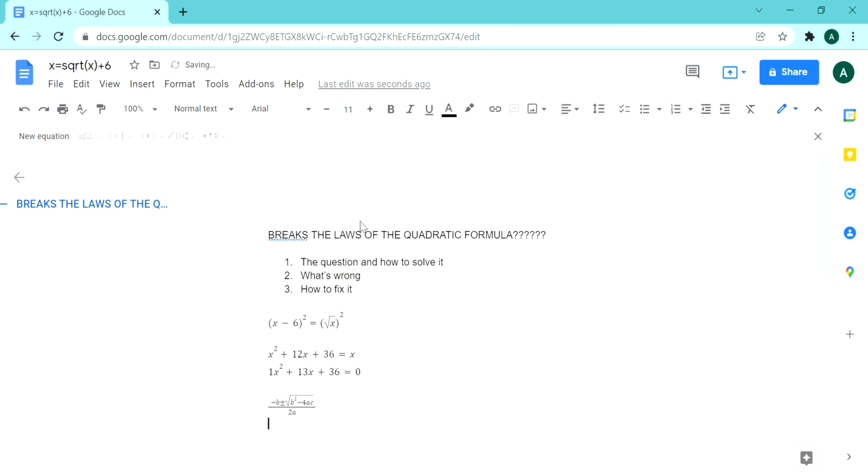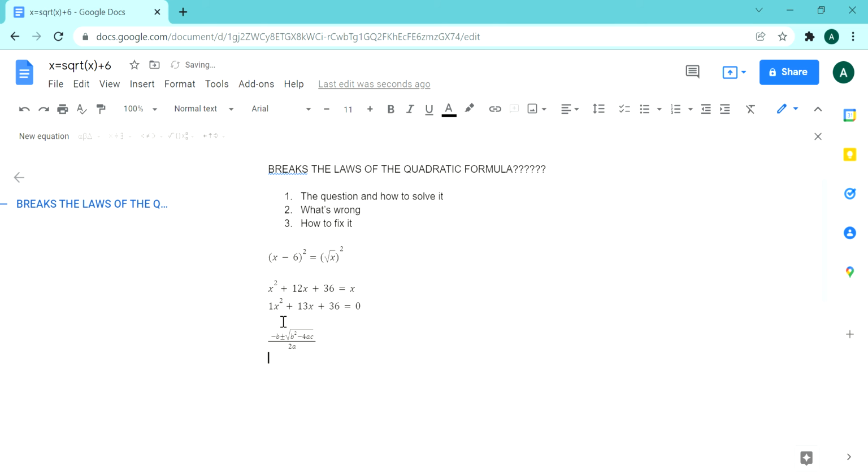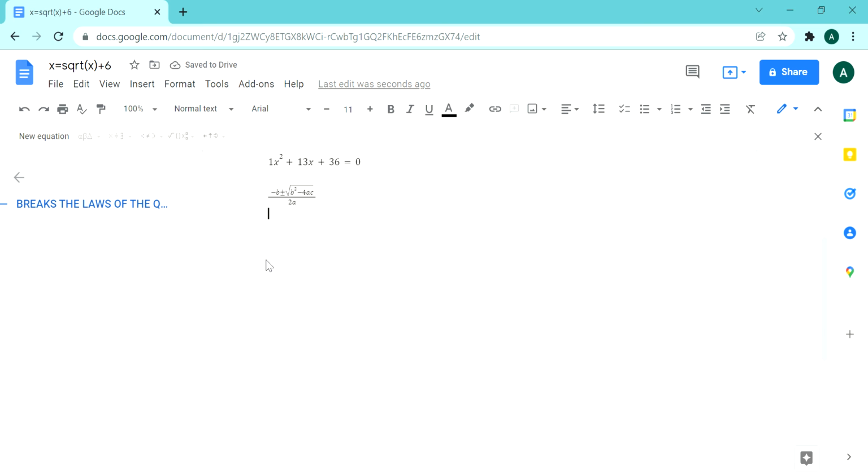That's the quadratic formula. So if we calculate through the quadratic formula, I just have my paper out here.